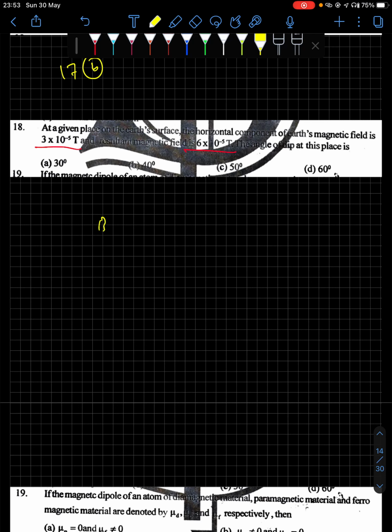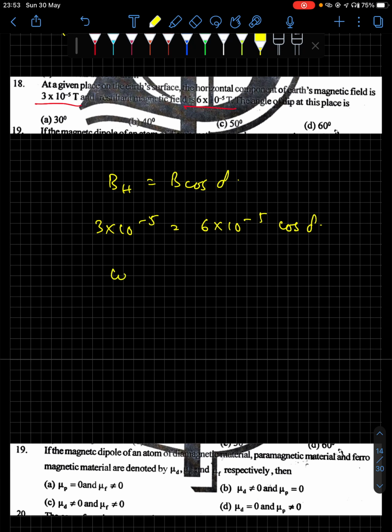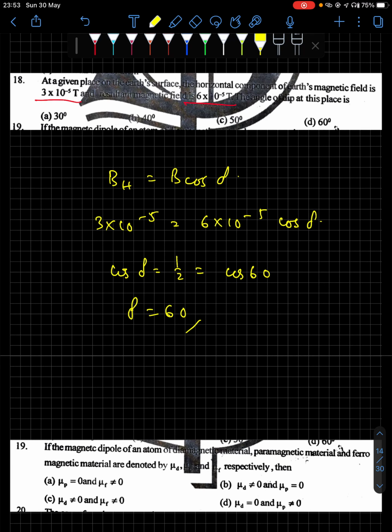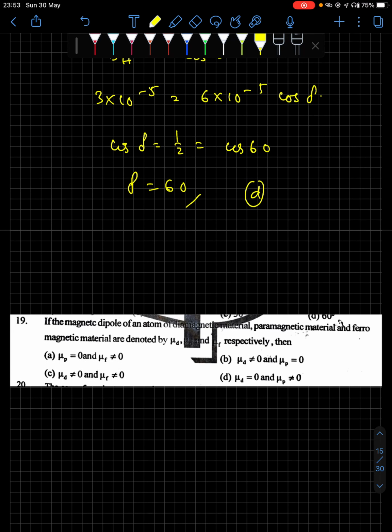We have the horizontal magnetic field relation, BH equal to B cos delta. The horizontal component is 3 into 10 to the power minus 5, and the resultant magnetic field is 6 into 10 to the power minus 5. So cos delta is equal to half, which is cos 60. So delta is 60. Option number D.